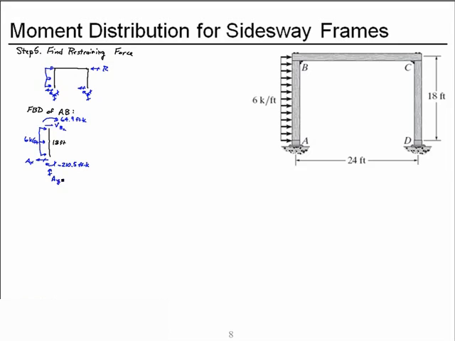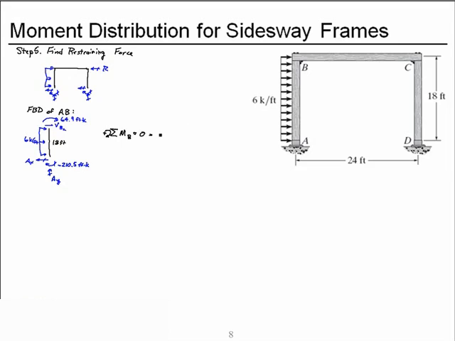So let's sum moments about point B. And I can choose any direction to be positive. I'll choose clockwise to be positive, since that's the sign convention for our moments.